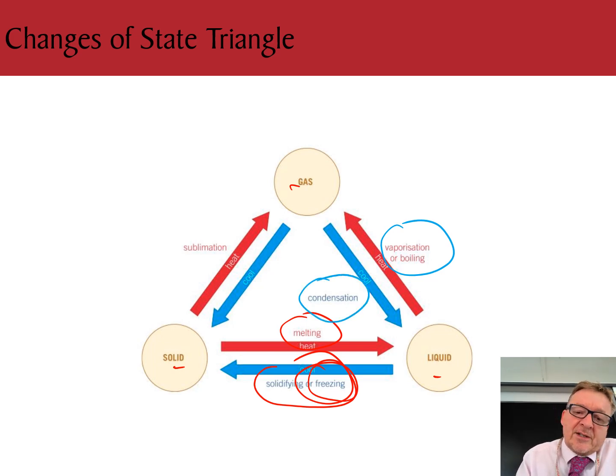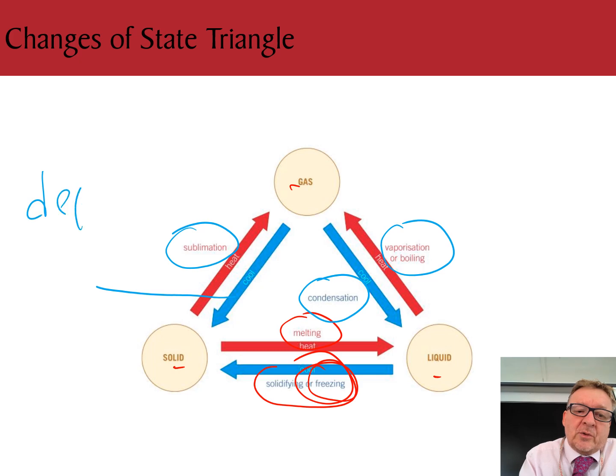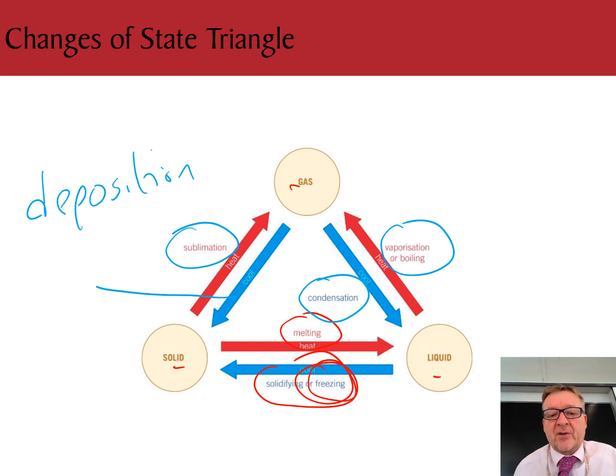Then the weird one is solid straight to a gas, which is called sublimation. An example of that is dry ice, where carbon dioxide as a solid goes straight to a gas. Gas straight to a solid is called deposition. If you think about it, deposit is where a gas gets deposited straight as a solid.